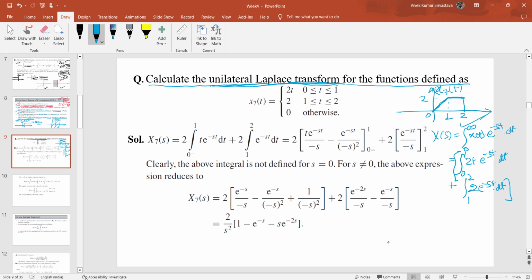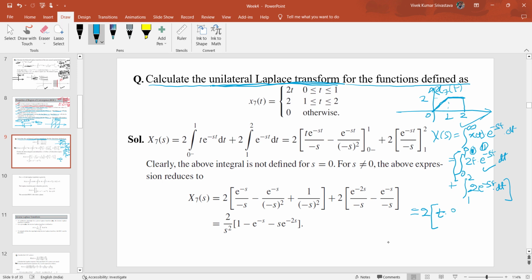Okay, so now we can evaluate this integral. To evaluate it we will use integration by parts. Here I am defining this as my first function and this as my second function.